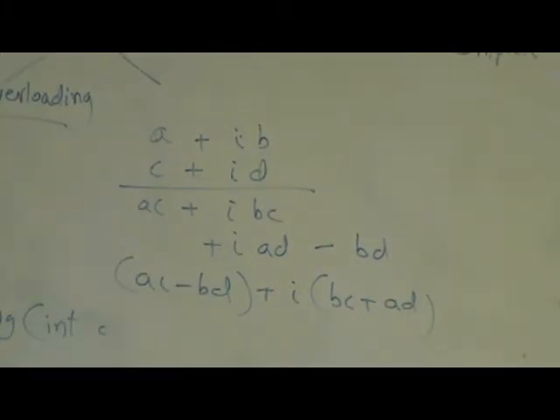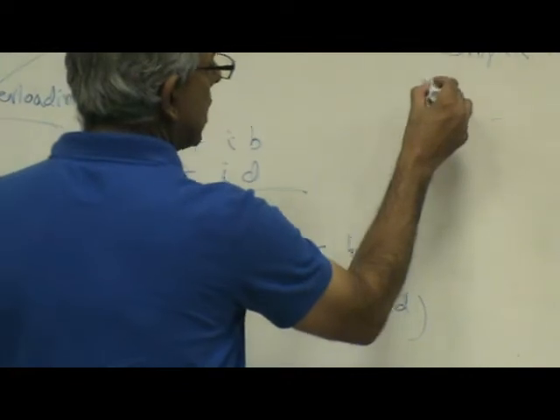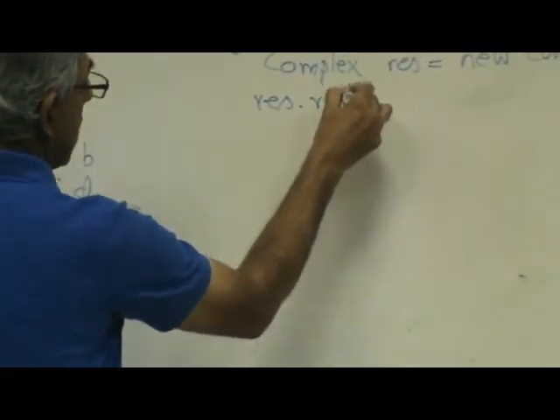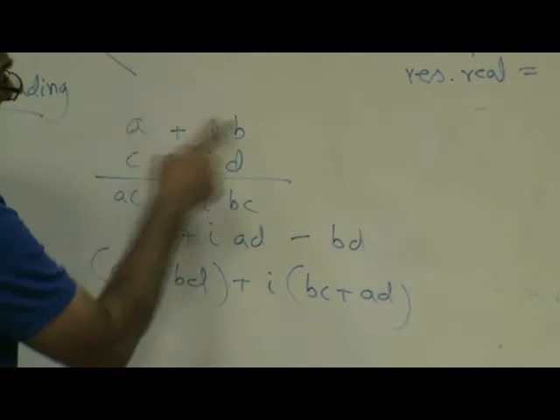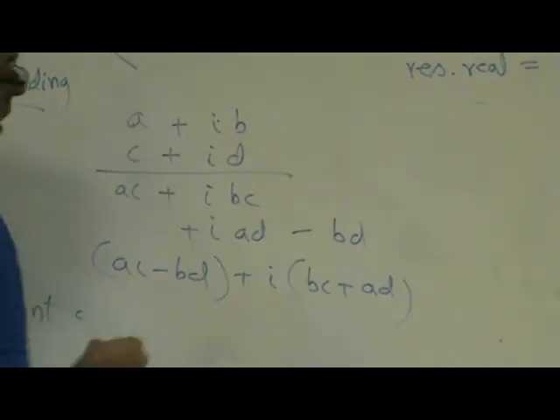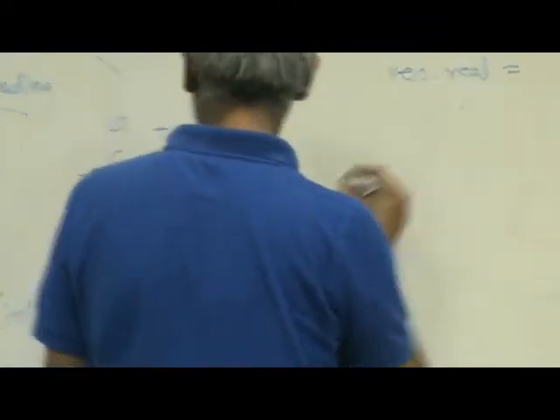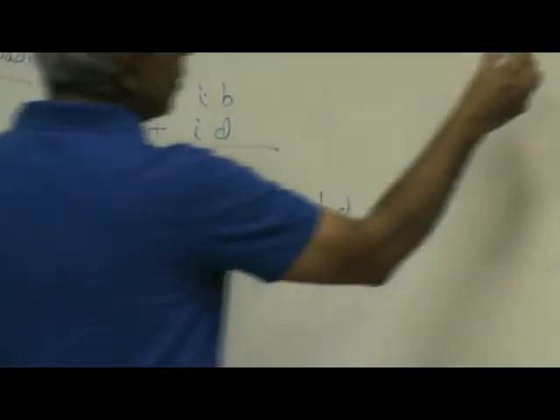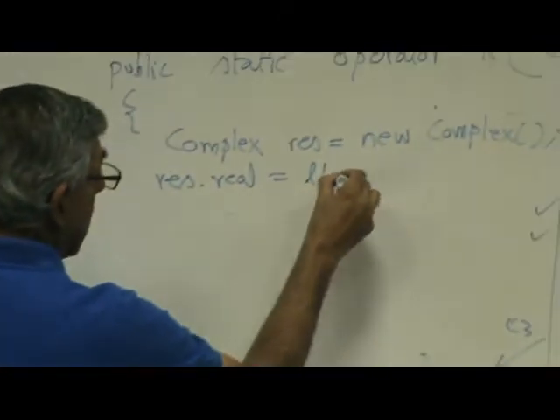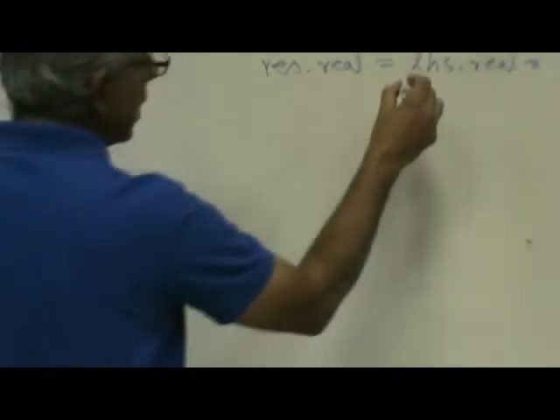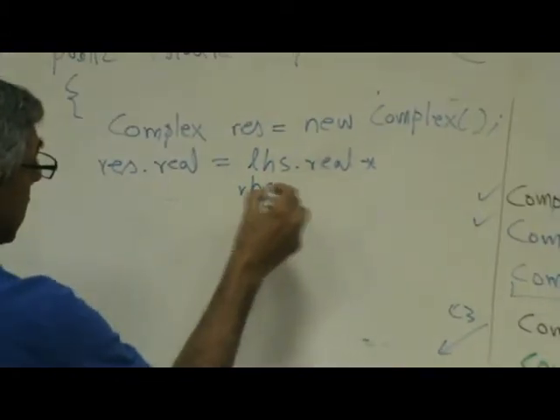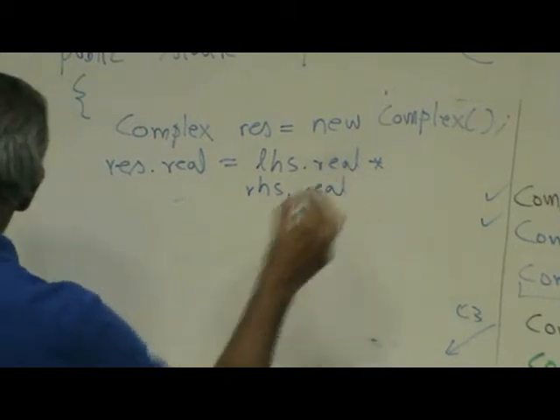Okay. So anyway, now we can say result.real will be, so think of A and B as our left hand side, C and D as our right hand side. So AC will be left hand side.real multiplied by right hand side.real.